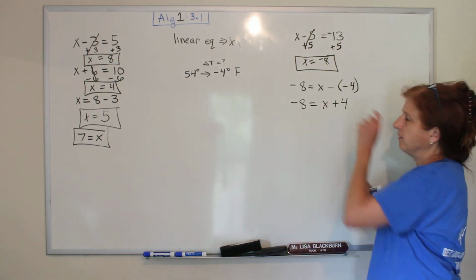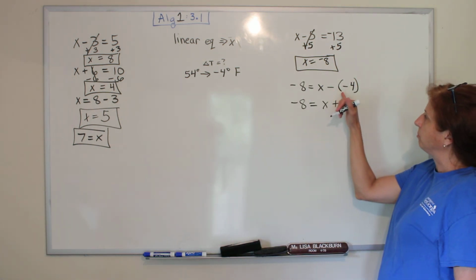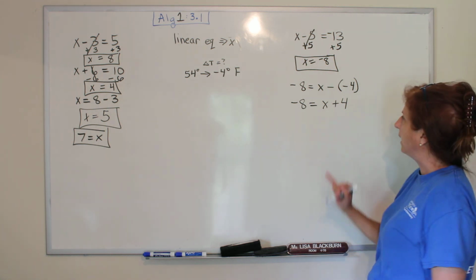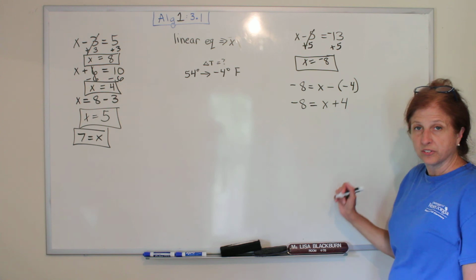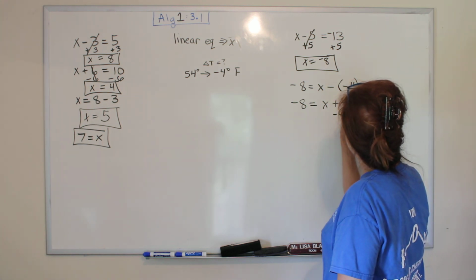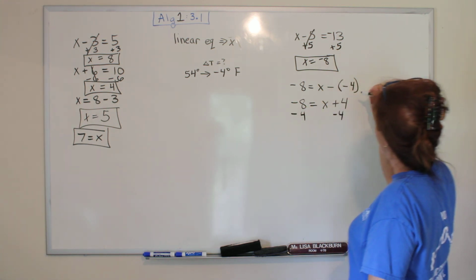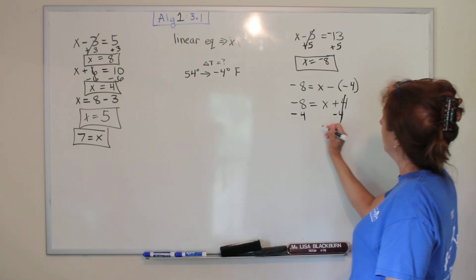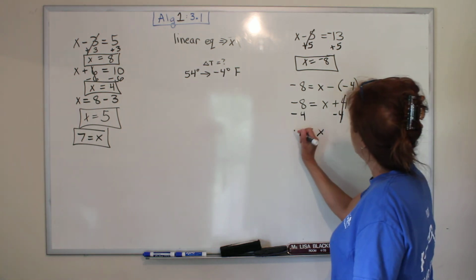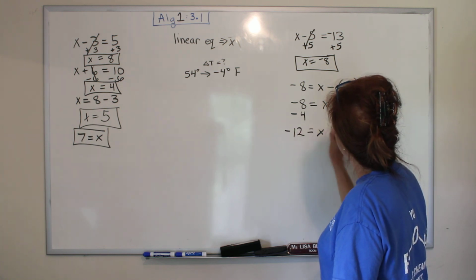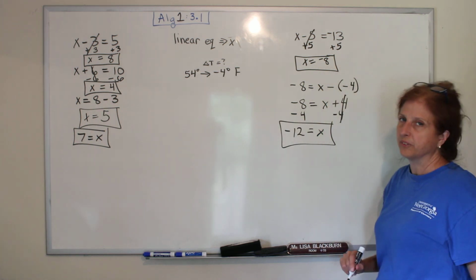Make those two negatives a positive because they're multiplied. Remember, parentheses mean multiply. Now I can say why is x not alone? It's got a plus 4. So what's the opposite? Minus 4. What I do to one side, I do to the other. These cancel out. I bring down what I didn't mess with, and x equals negative 12. Whoop, whoop, whoop. More fun with sound effects.